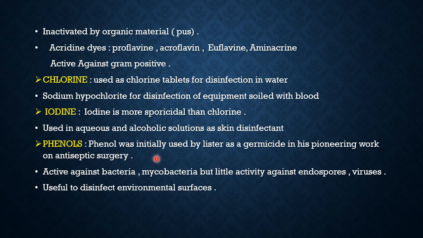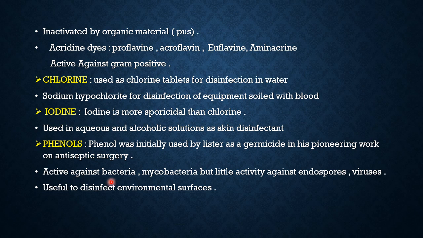Phenol was initially used by Joseph Lister as a germicide in his pioneering work on antiseptic surgery. He found that bacteria can cause infection, and because people were dying of infection, he first used phenol as an antiseptic to kill the organisms surrounding wounds.